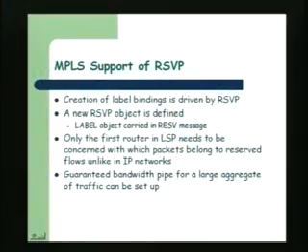So, the creation of the label binding is driven by RSVP, and for that purpose a new RSVP object is defined, called a label object, which is carried in the reservation messages.